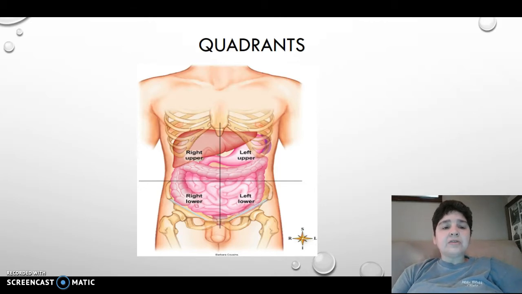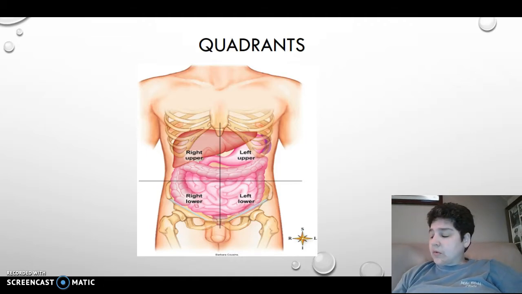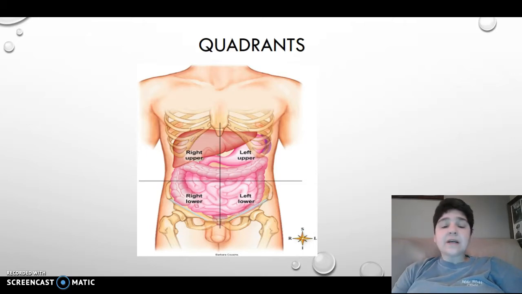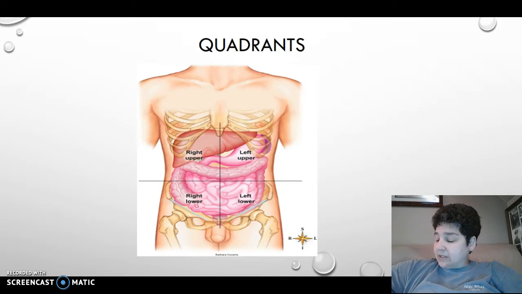So sometimes you will see them abbreviated as RUQ for the right upper, LUQ for the left upper, RLQ and LLQ for the right lower and the left lower quadrants. Please know that on page 540 there is a list of organs that are found in the different quadrants and the regions, which we're going to talk about next.